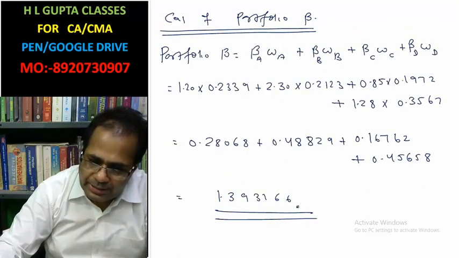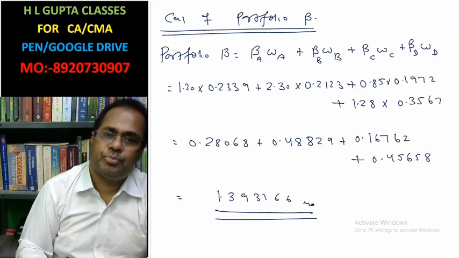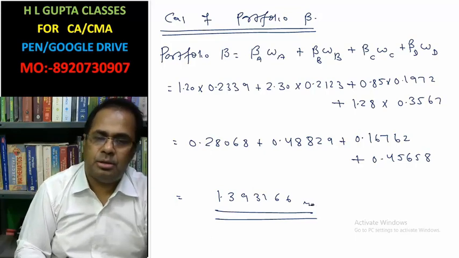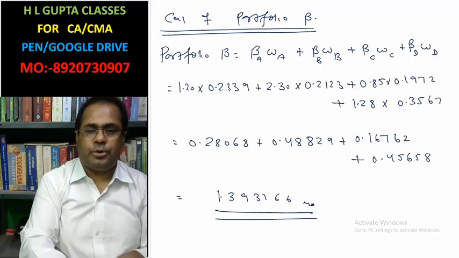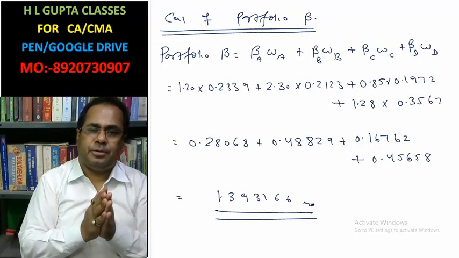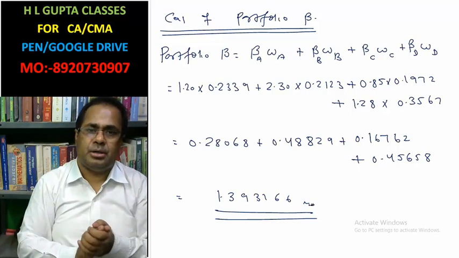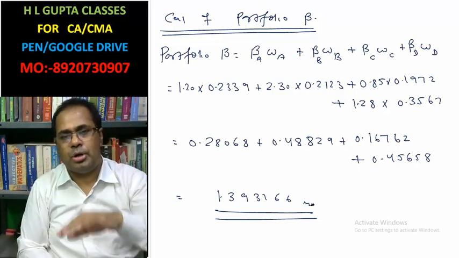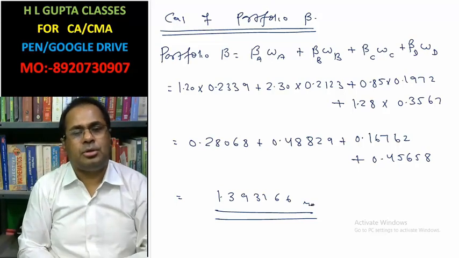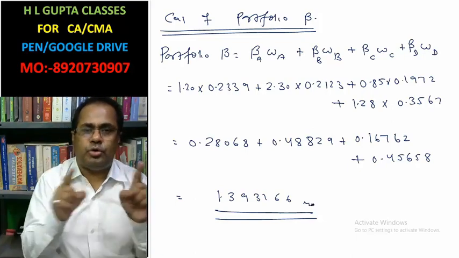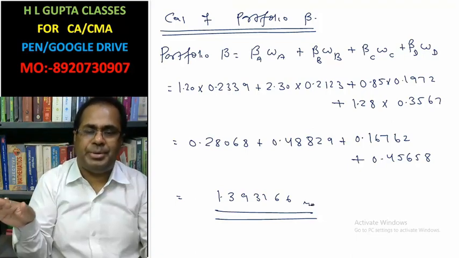But you have calculated this other beta. It means your risk is higher on the basis of your investment, but the risk is lower on the basis of return. It means your portfolio is not the best.